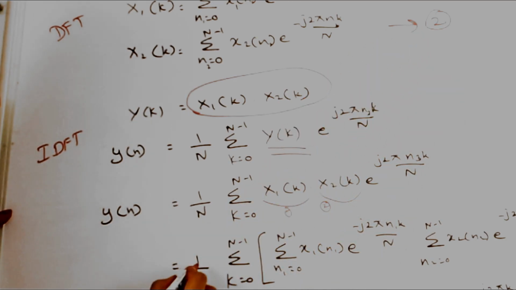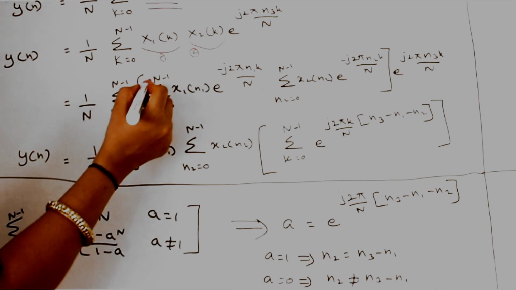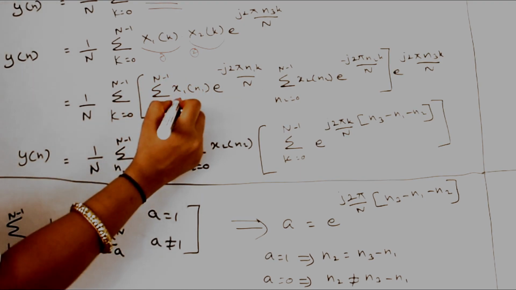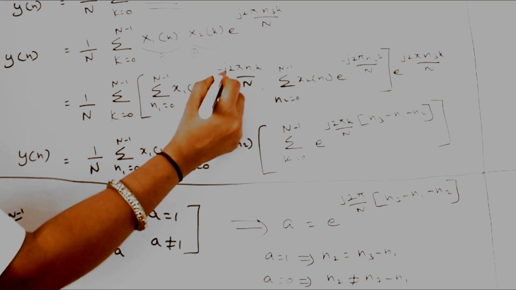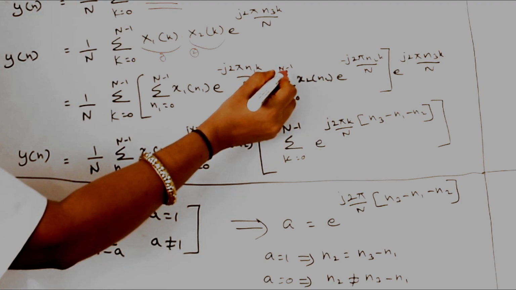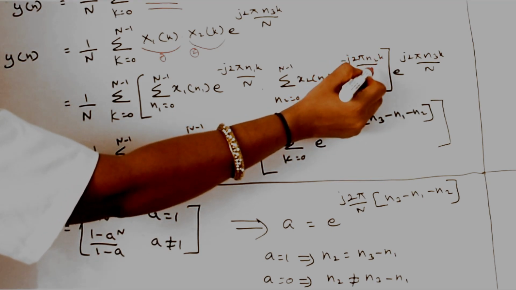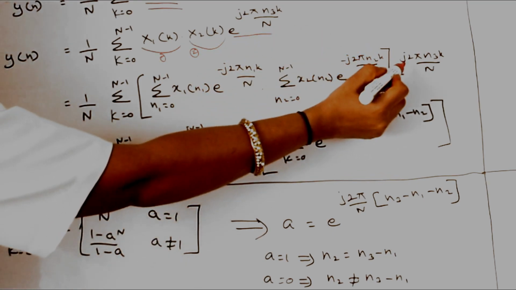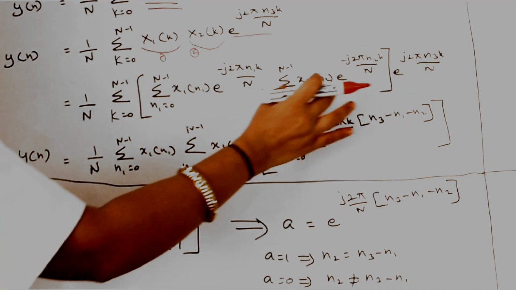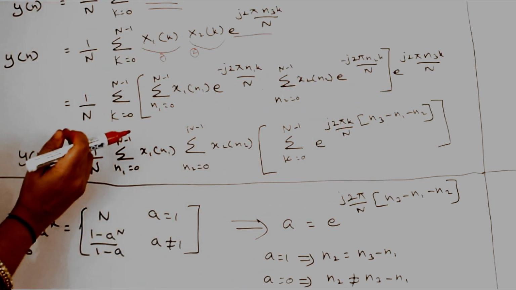So when we substitute, you will get 1 by N summation k equal to 0 to N minus 1 into summation n1 equal to 0 to N minus 1 x1 of n1 e power minus j 2 pi n1 k divided by N, into summation n2 equal to 0 to N minus 1 x2 of n2 e power minus j 2 pi n2 k divided by N, into e power j 2 pi n3 k divided by N. After substituting these three summations, I am considering only the k limits, so I am taking the other terms outside.